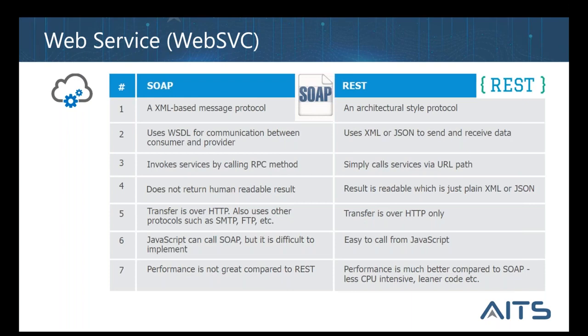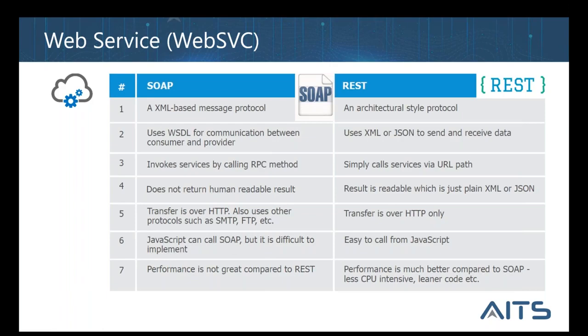And there are two, as I said, the SOAP and REST. As I explained, SOAP is an XML-based message protocol. This is the first difference. So SOAP is Simple Object Access Protocol. It is a message protocol that allows distributed elements of an application to communicate with an XML message.